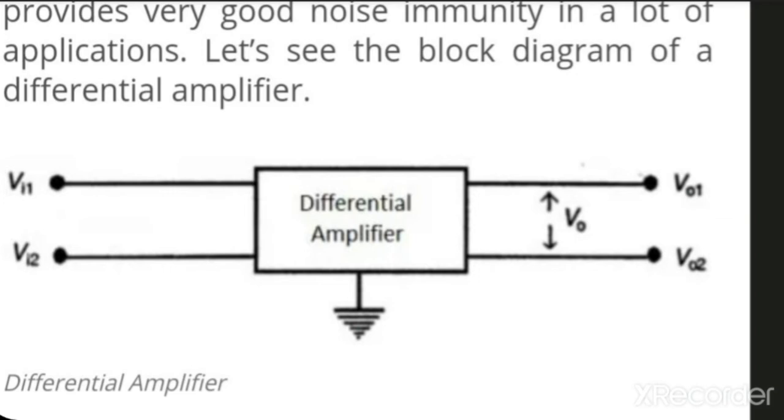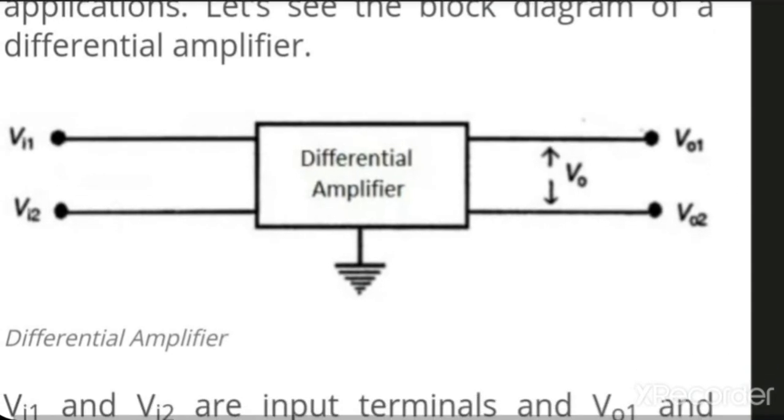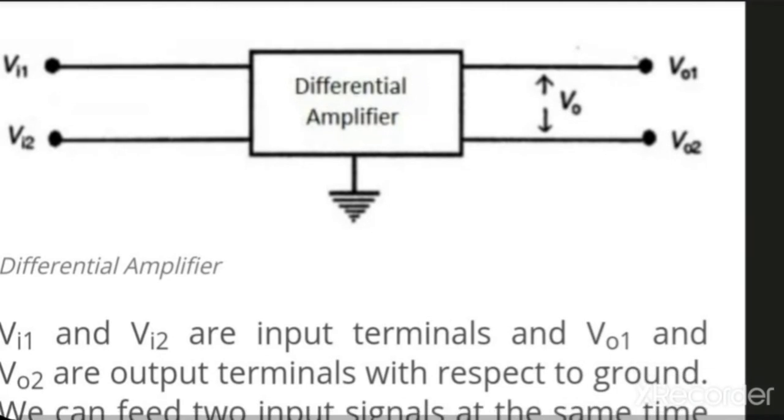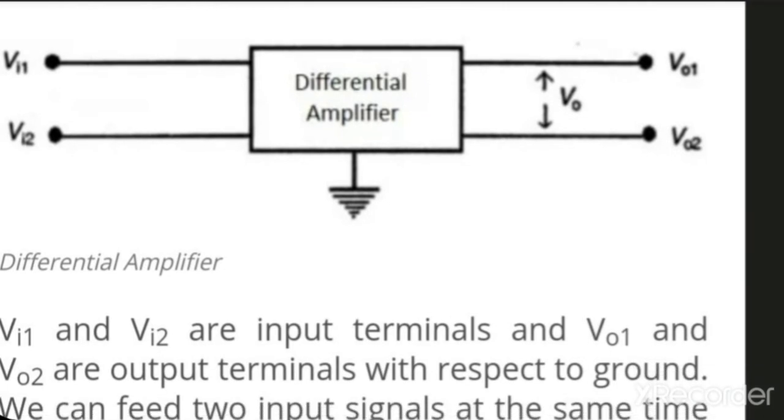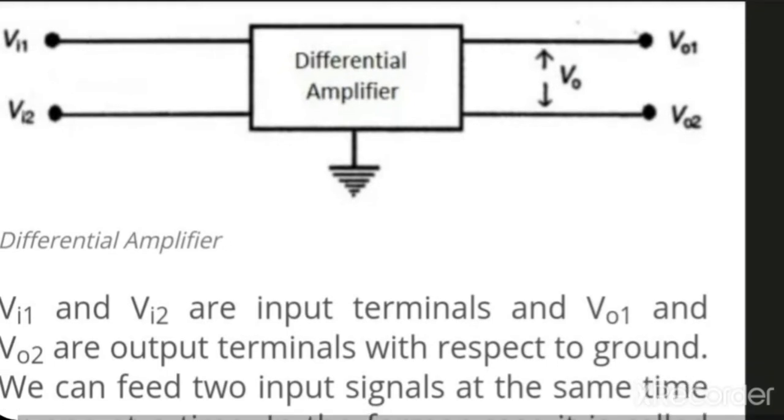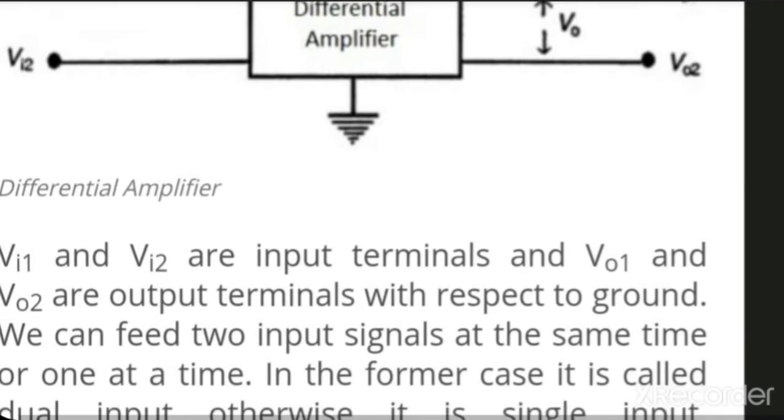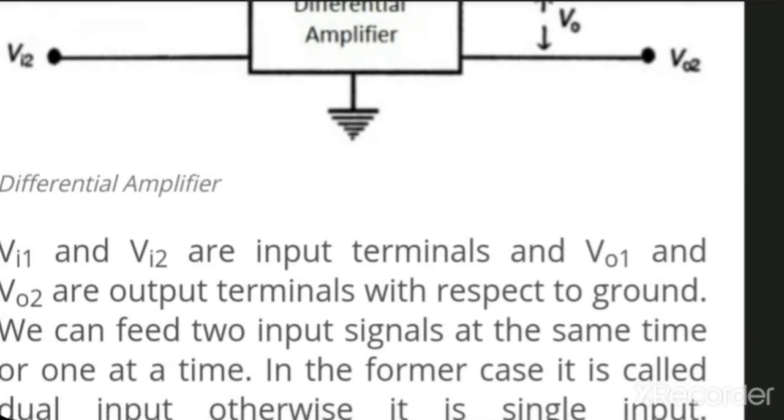Here we can see that the differential amplifier has two inputs Vi1 and Vi2 and two outputs Vo1 and Vo2. Vi1 and Vi2 are input terminals and Vo1 and Vo2 are output terminals with respect to the ground. We can feed two input signals at the same time or one at a time.